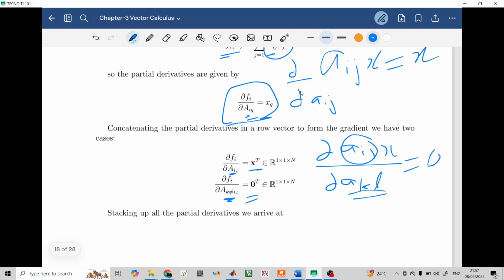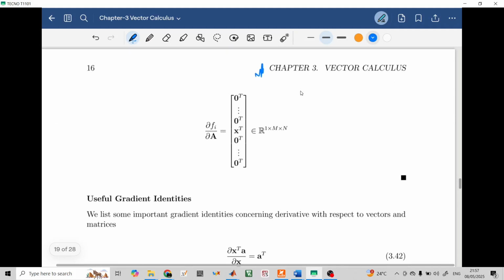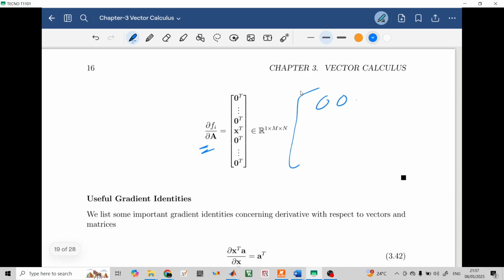Now you concatenate these, you put the zeros beside each other, and we get this row vector 0 transpose, right? So in general, the derivative of the ith component is a matrix. Remember, this is 0, 0, until the nth 0. This again 0, 0, until you get here.